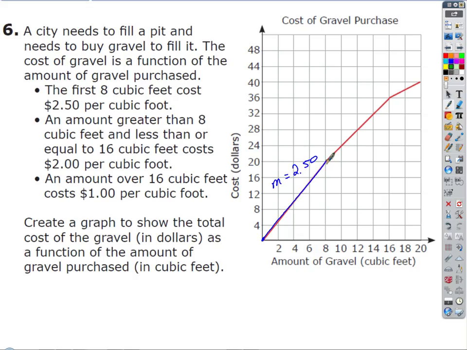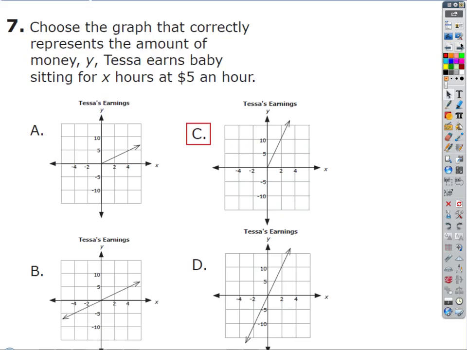Well, from this point right here, when I get to 8 cubic feet, now the slope is going to be a little less. Now it's just 2, right? And then if you pick an amount more than 16, then the slope just becomes 1, right? And I'm just connecting those segments. Okay, not a big deal. You can do that. Just take your time.